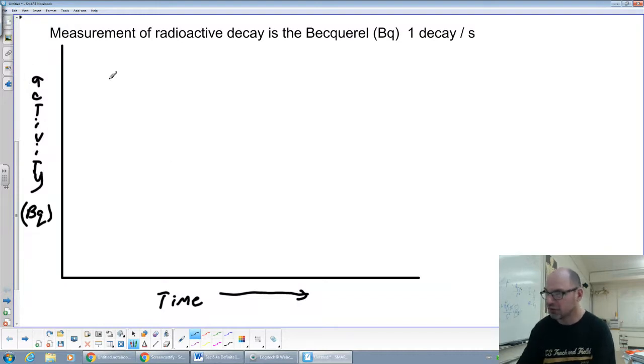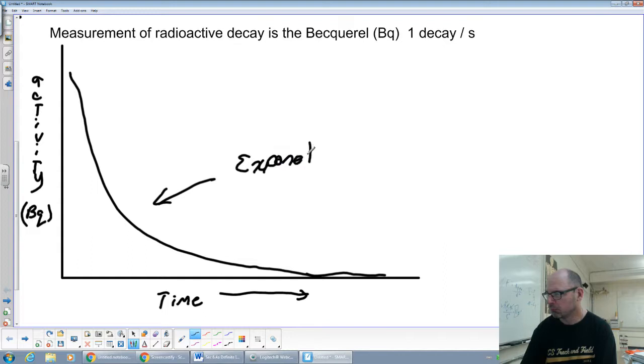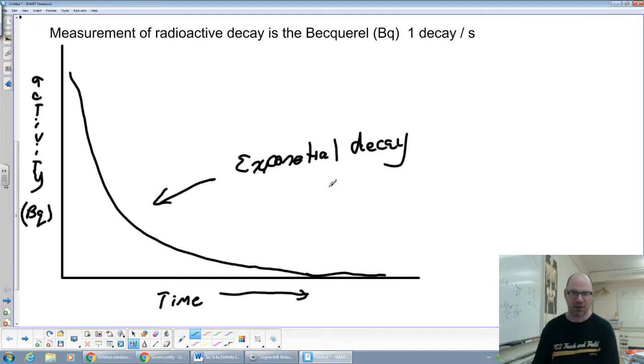Okay, so it's a decay. It starts up here and goes all the way down to here without touching. So this is exponential decay. The first half-life would occur halfway down, this would be the first half-life.